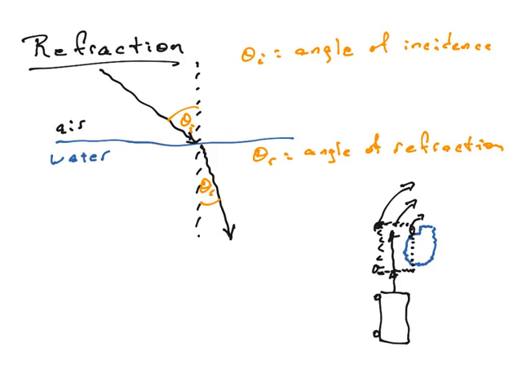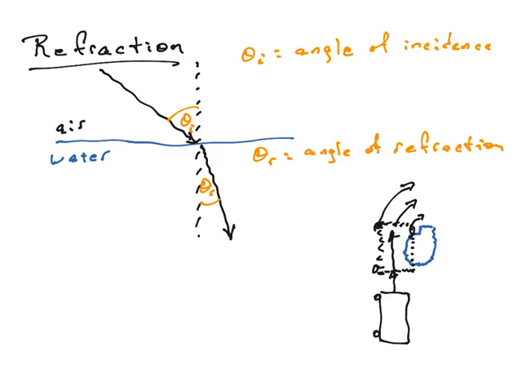Well, it turns out that kind of intuitive thought can be used here for light. Because what we know is that light travels fastest in air. But anytime light tries to go into another medium, it slows down. It can't travel as fast. It's harder to move through this material. And so you can kind of see the same thing happening.